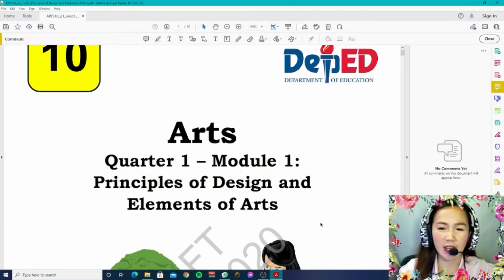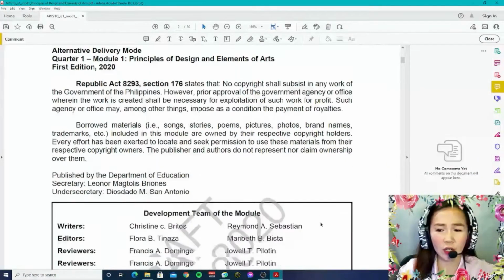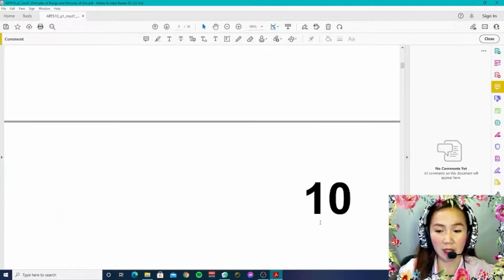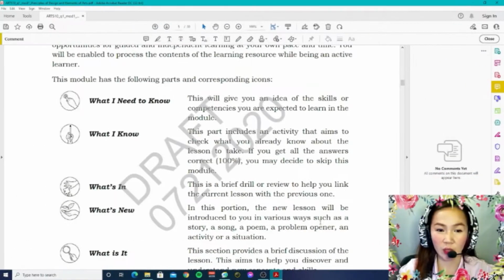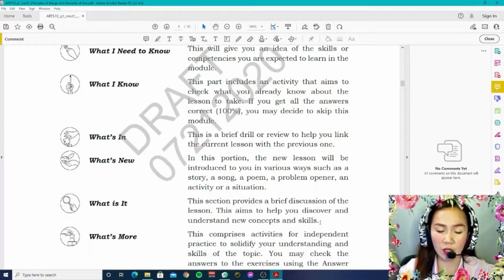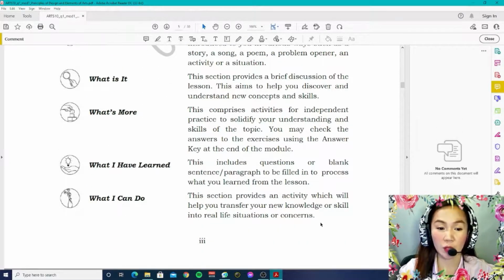Okay, let's go. Now, make sure Grade 10 students na binabasa nyo yung mga introduction like this. Okay? What I need to know, what I know, what's in, what's new, what is it, and what's more. We do have what I have learned and what I can do.